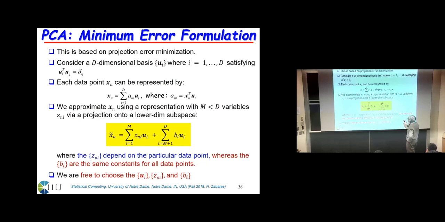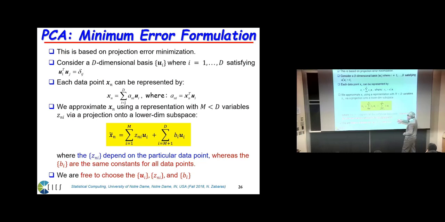Then, regardless of what point xn you are referring to, regardless of the value of n, the remaining term is going to involve the vectors ui from m plus 1 to d, where these coefficients don't depend on n. This would be the error that you make in the approximation, and that error will not depend on n. We will see shortly what this gives us when we compute these coefficients.